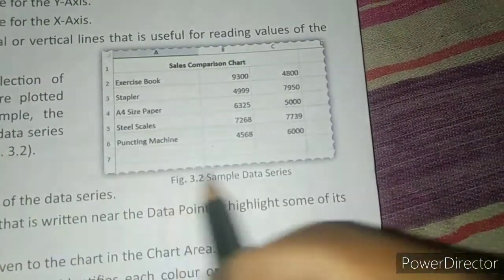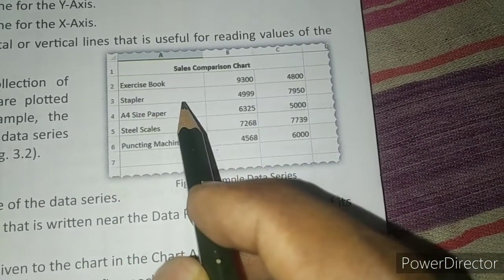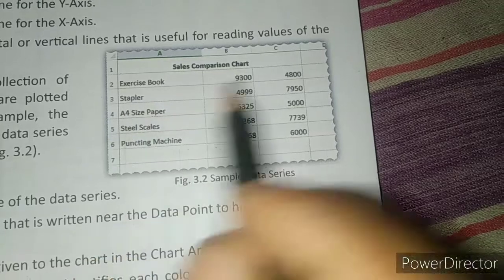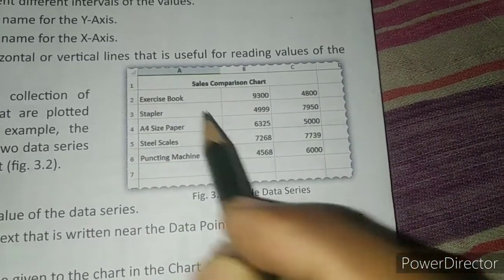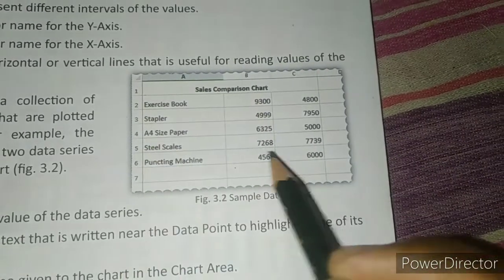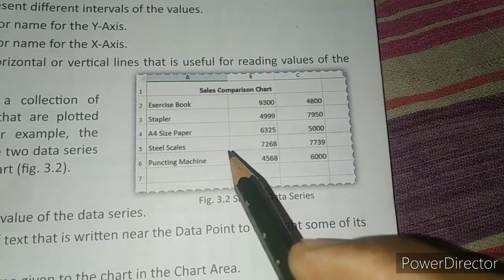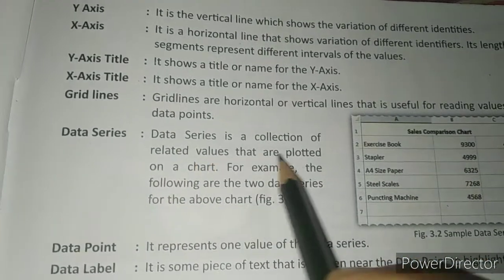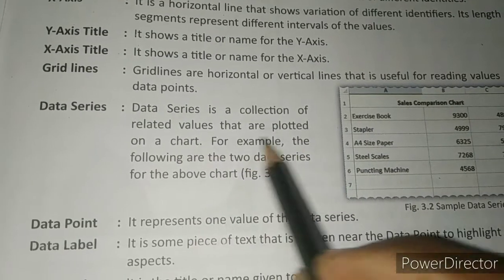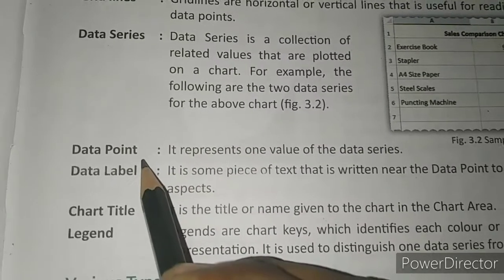So this is known as a data series, right? Here one thing is sales and one thing is commodity. So this is the data series and this is converted into the chart. So a data series is the collection of related values that are plotted on a chart. Clear?